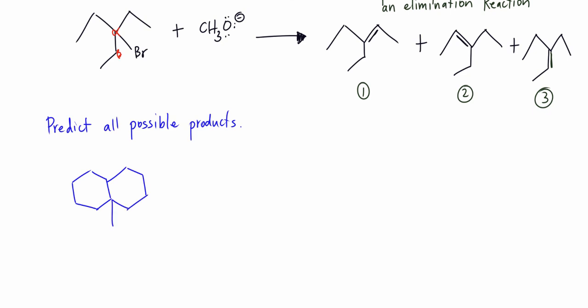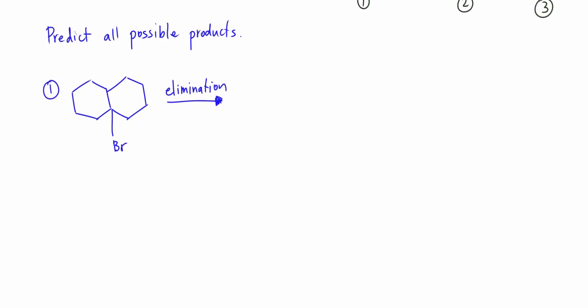Let's start with that double ring and Br, and for right now, I'm just going to say elimination. That would be 1.